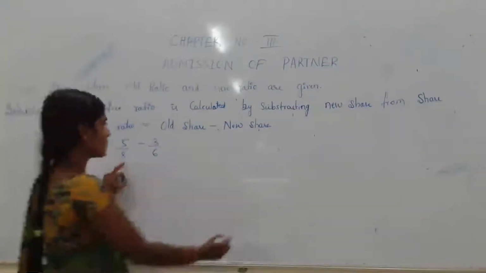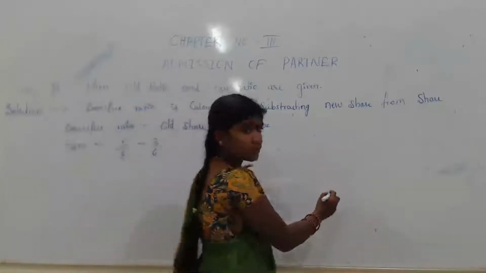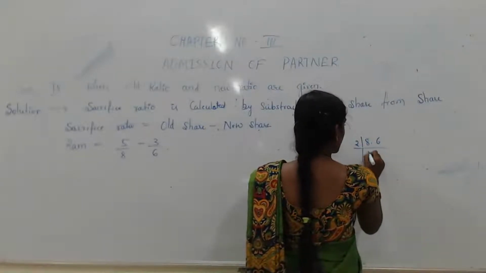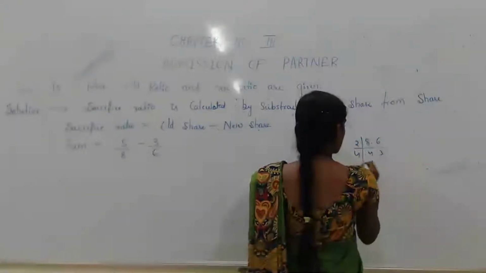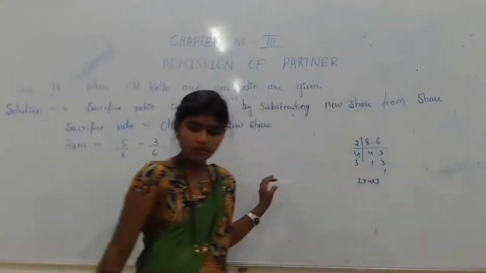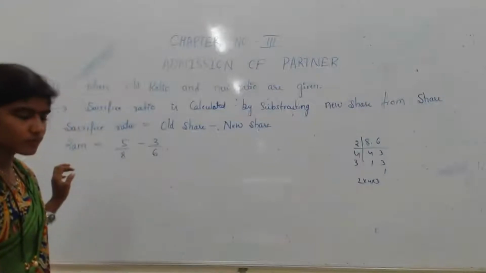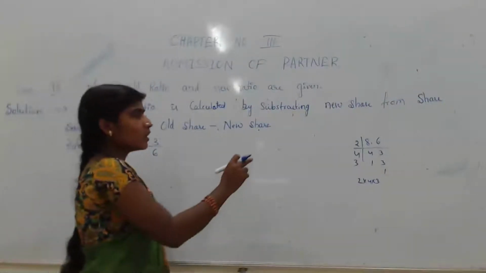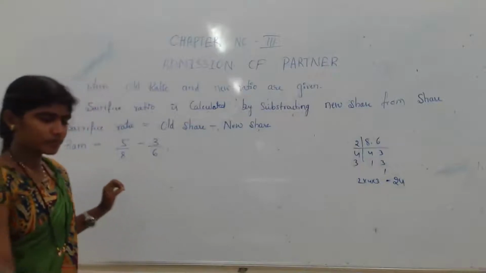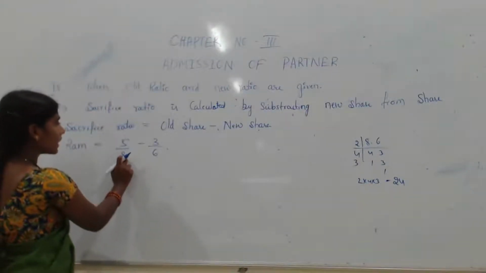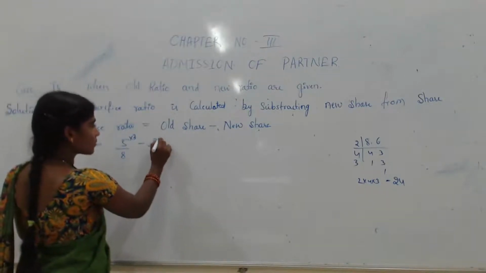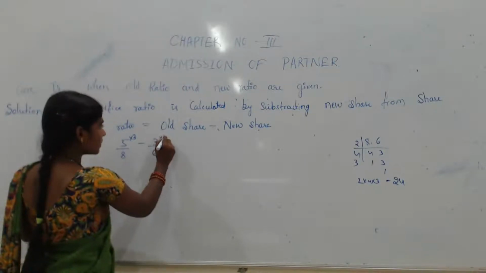Okay. Now the LCM of 8 and 6 is 24. 8 threes are 24 and 6 fours are 24.